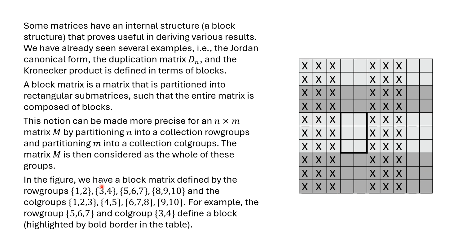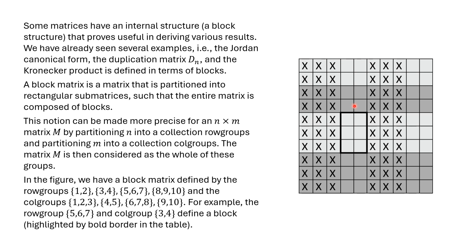In the figure, we have a block matrix, and the row groups are 1 through 7, and then 8, 9, 10. Basically wherever you're changing color, that's where you have a row group. And then for the column groups, I've distinguished between either having x's in them or no x's. The first column group is these three together, 1, 2, 3.